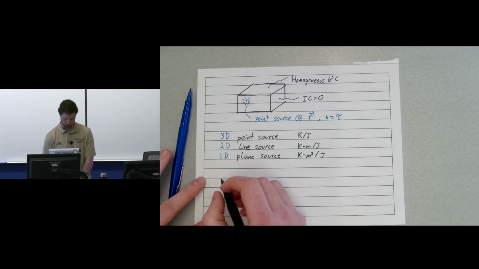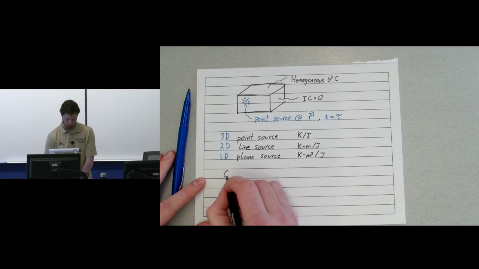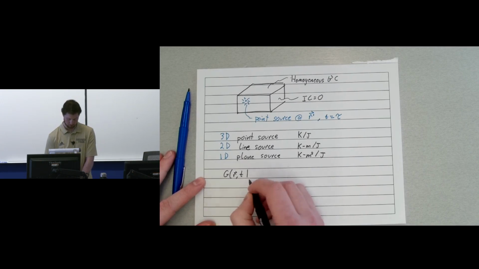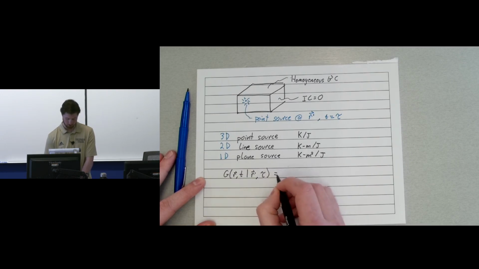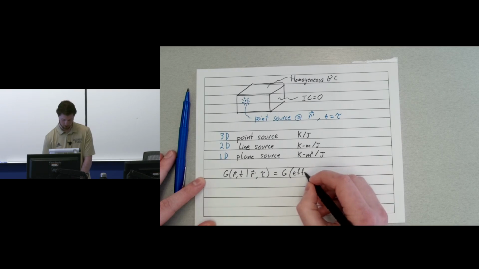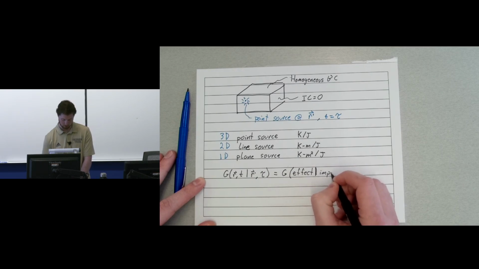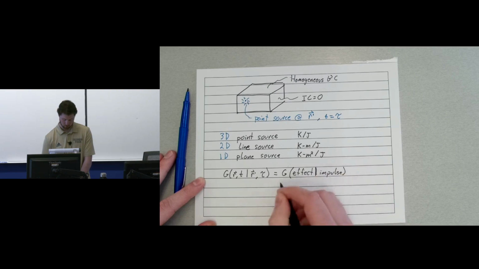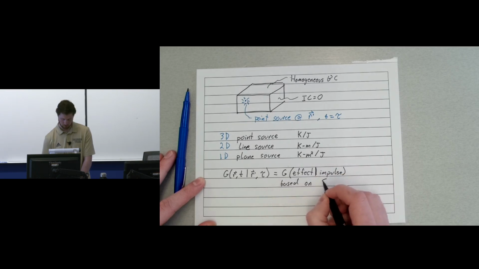So again, just to reiterate, our G in real space and real time is going to be affected by some impulse at r prime and tau. If we're defining G, the left side of this bar right here is going to be an effect, and the right side is going to be some impulse based on our delta functions.